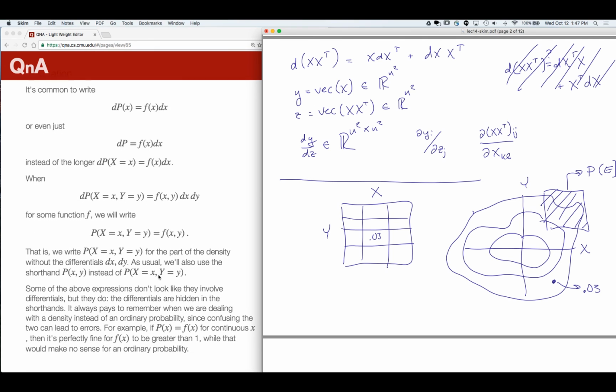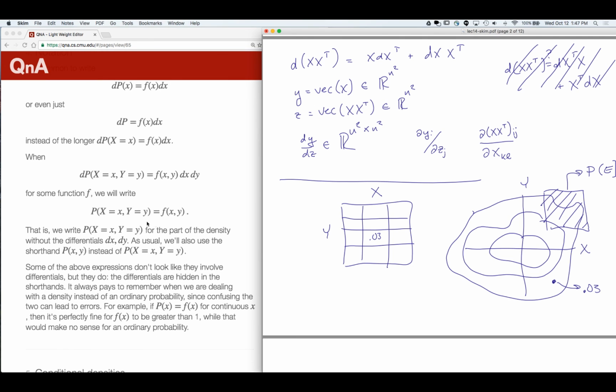For example, for a continuous probability density, it's perfectly fine for the f to be bigger than 1, so long as the integral is still 1. It can't be bigger than 1 over a large area, but it can be bigger than 1 over a small area. Whereas, of course, it doesn't make sense for a probability to be bigger than 1.